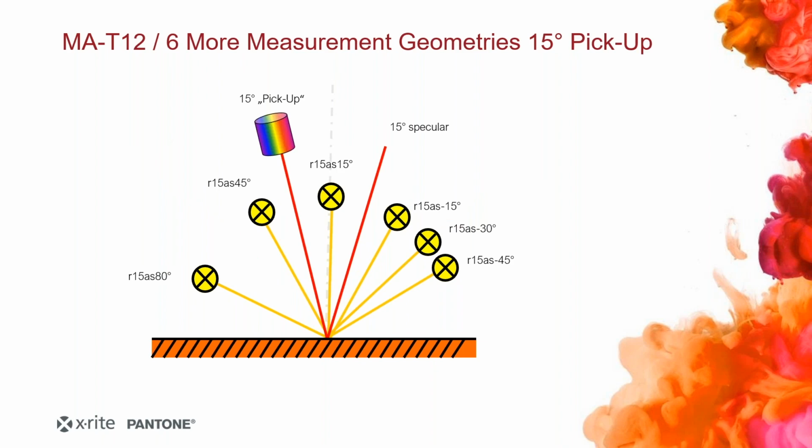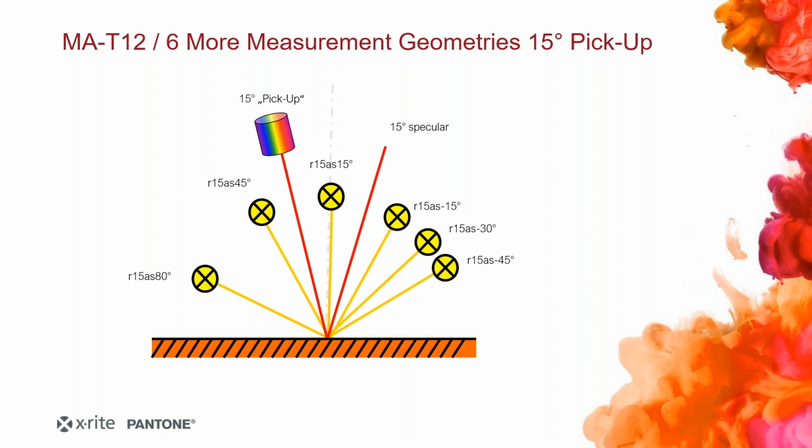At the MAT12 instrument, we have 6 more geometries. This is if you have samples, for example, gonio appearance samples that change the color by illumination and observation angles, then a MAT12 is required.